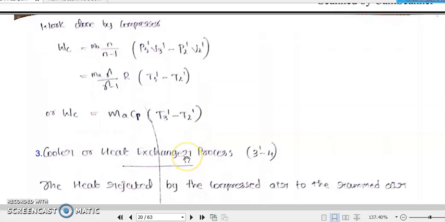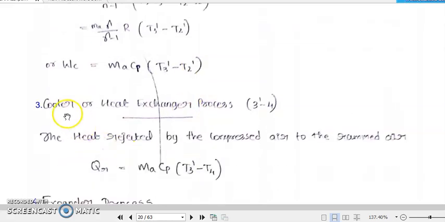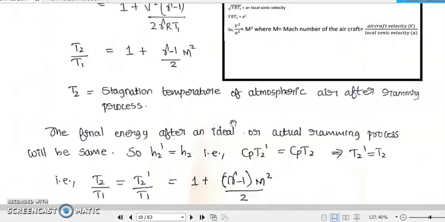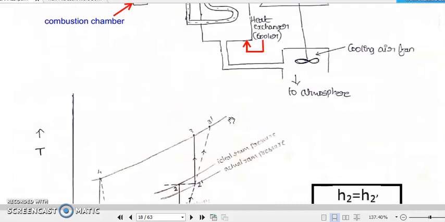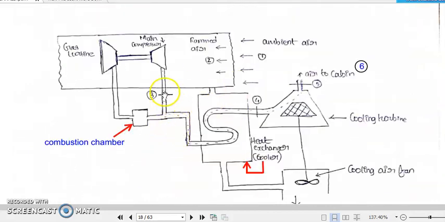Now let us come to the third part, the cooler or the heat exchanger process, which is happening from 3 to 4. Let us come back to our diagram. After leaving the main compressor, a small amount of air coming from the main compressor will be bled, or extracted, from the main compressor outlet.